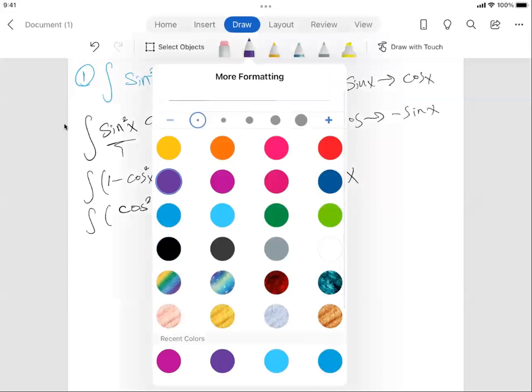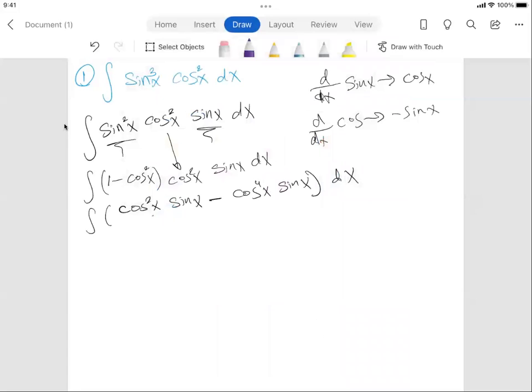Let's focus on this. The derivative of cosine is negative sine. I already have sine, but I don't have the negative, so I can easily substitute for that. And this becomes cosine cubed divided by 3. Similar logic applies here.